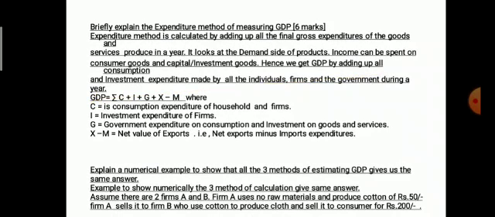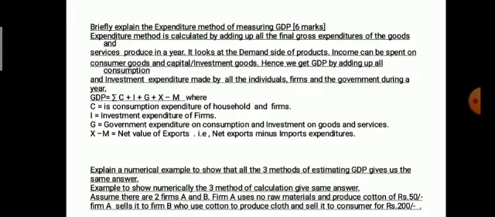In the product method we added all the products produced. In the income method we added all the incomes received in different forms. In the expenditure method, all the expenditures made on goods and services by the people of the country in the form of household, firm and government expenditures, and investment expenditures are added. So it looks at the demand side of the product.